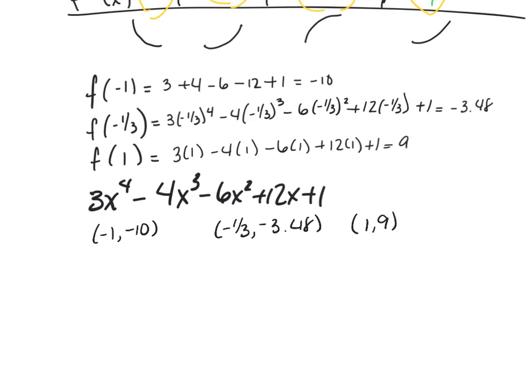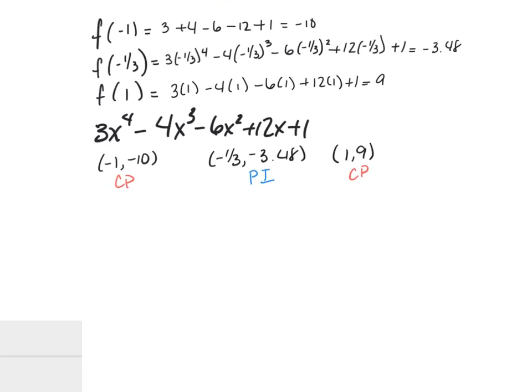Now, the -1, -10 was a critical point. The -1/3, -3.48 was a point of inflection. And then the 1, 9 was also a critical point. So, the graph, bringing all this together. So at -1, -10, not drawn to scale.